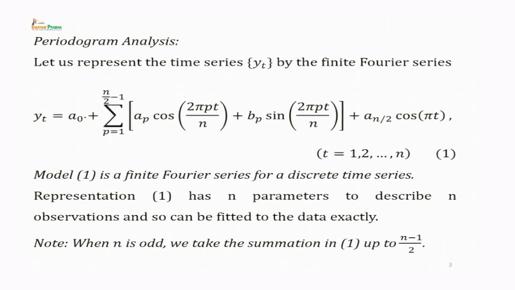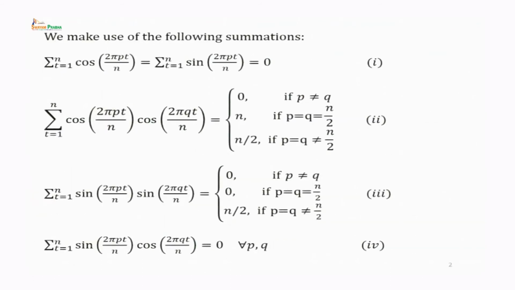That summation will take value 0. Then corresponding to p you have summation over t cos square 2 pi p t by n. Now, summation over t cos square 2 pi p t by n is actually equal to, for p equal to q not equal to n by 2, you get n by 2 here.